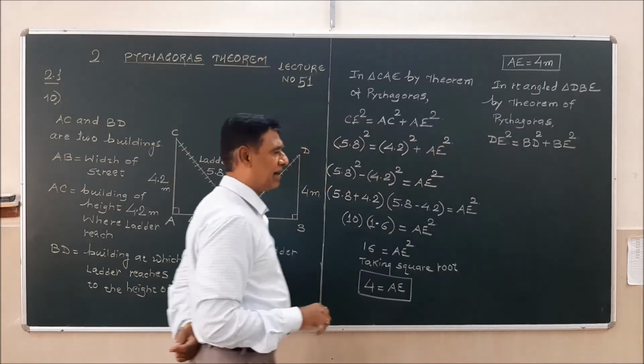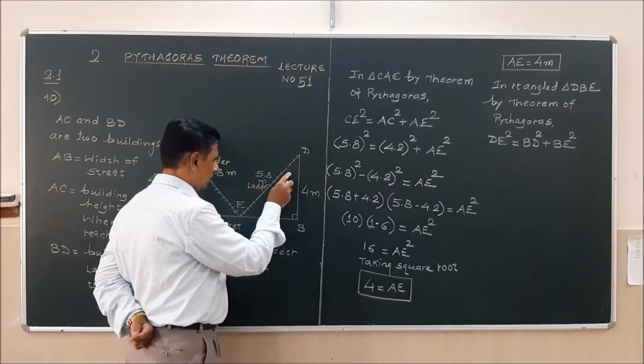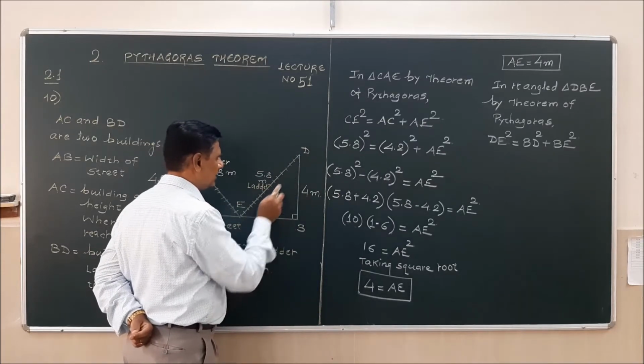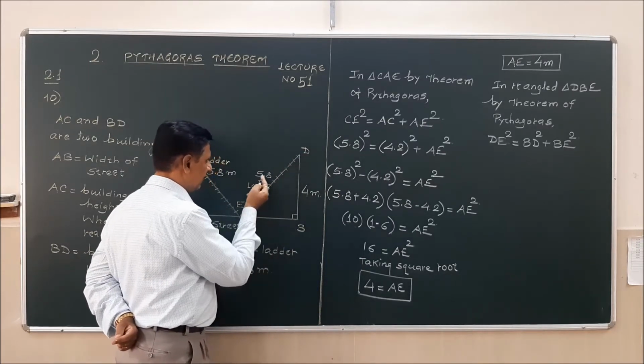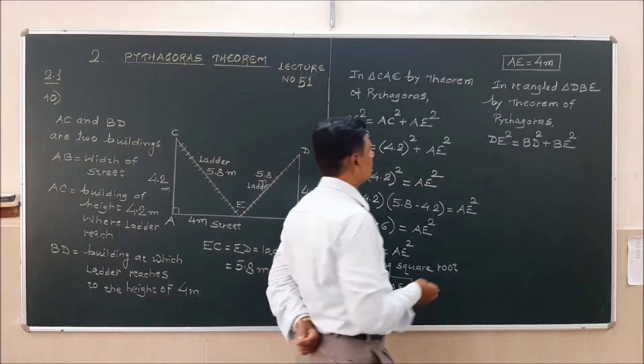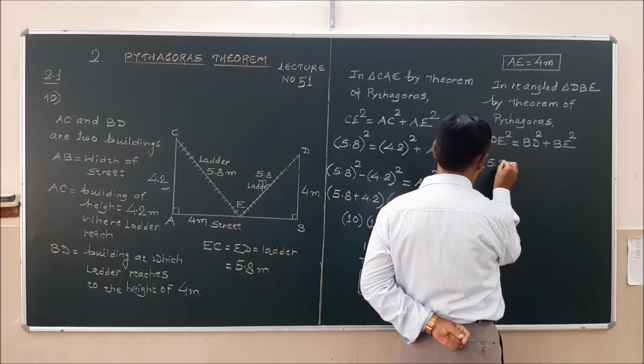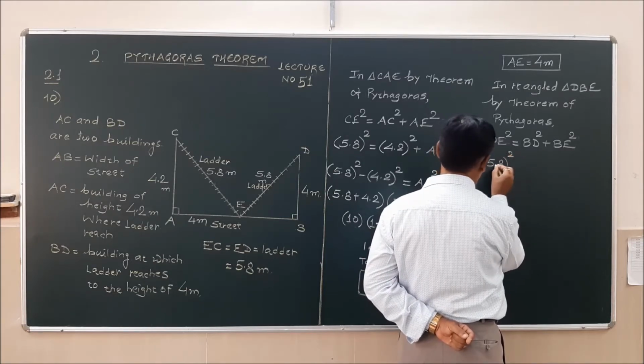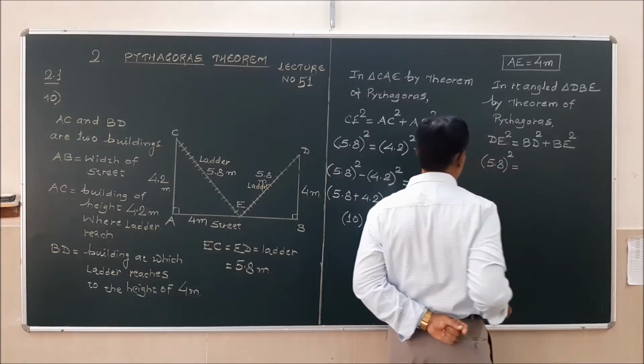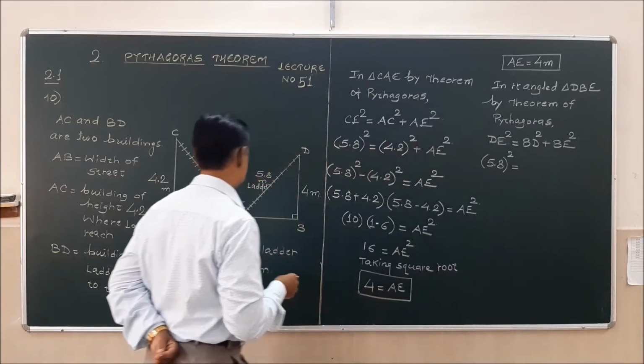Again, we'll substitute the values. Now, the value of DE is 5.8. So 5.8 square is equal to BD square.